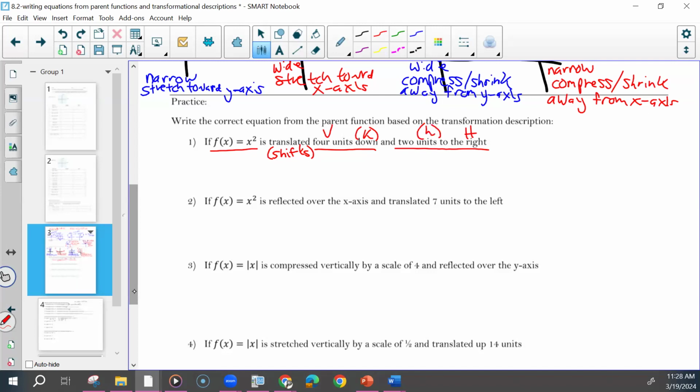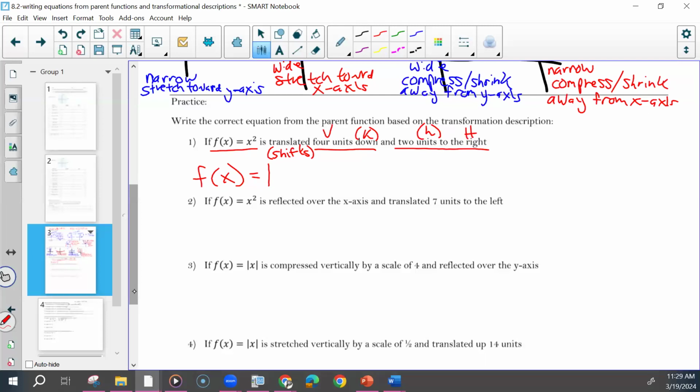So we're going to have something on the inside and something on the outside, adding or subtracting. All of your functions are going to start however it's given, f of x or y equals the function plus k. If we only have these two, we shouldn't be adding in extra things. So does it say anything about it being reflected, stretched, compressed? No, so that means the A value is going to be 1. You can put the 1, you can leave it off, it doesn't matter. Your A value is 1 if nothing changes.